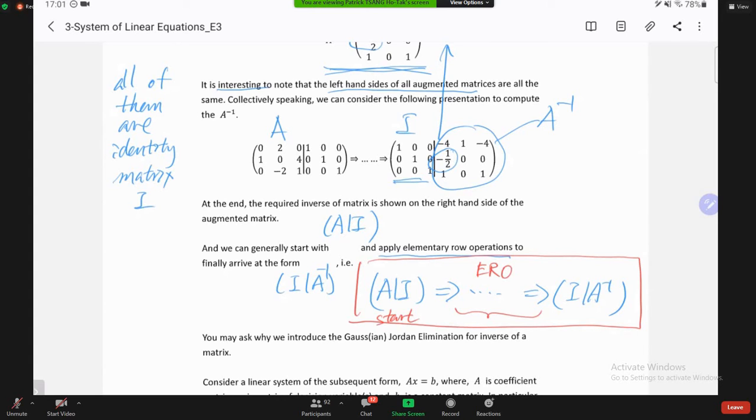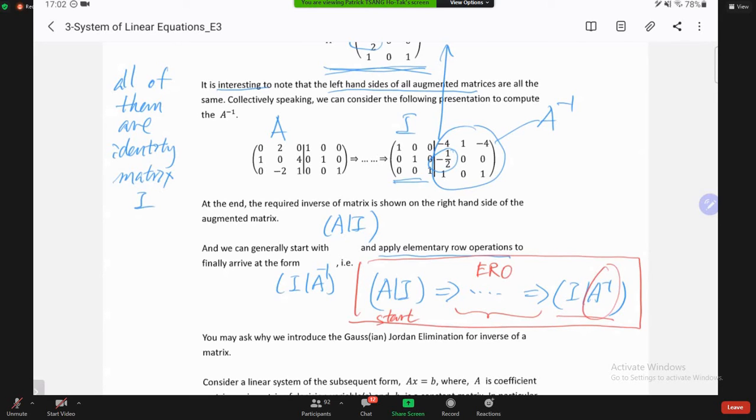Of course, many steps, I don't know how many, but after several steps, when you arrive at a pattern like this, an augmented matrix with the identity matrix on the left-hand side and a new matrix on the right-hand side, basically you are done. You are done finding the inverse of matrix A, because the right-hand side of this augmented matrix is already the inverse of the original matrix A.